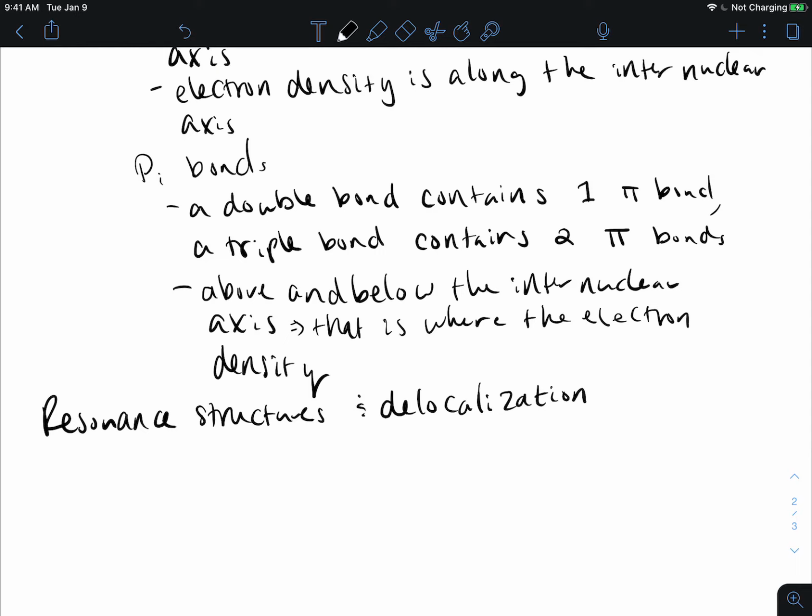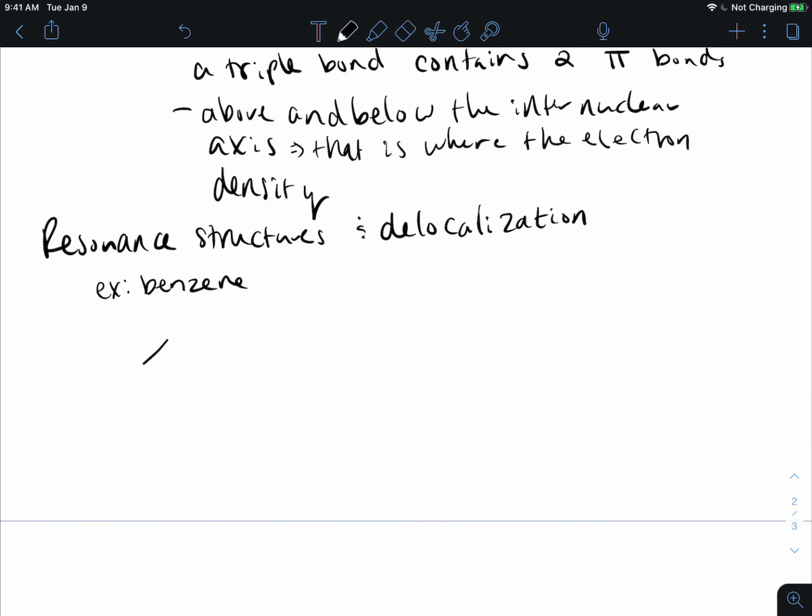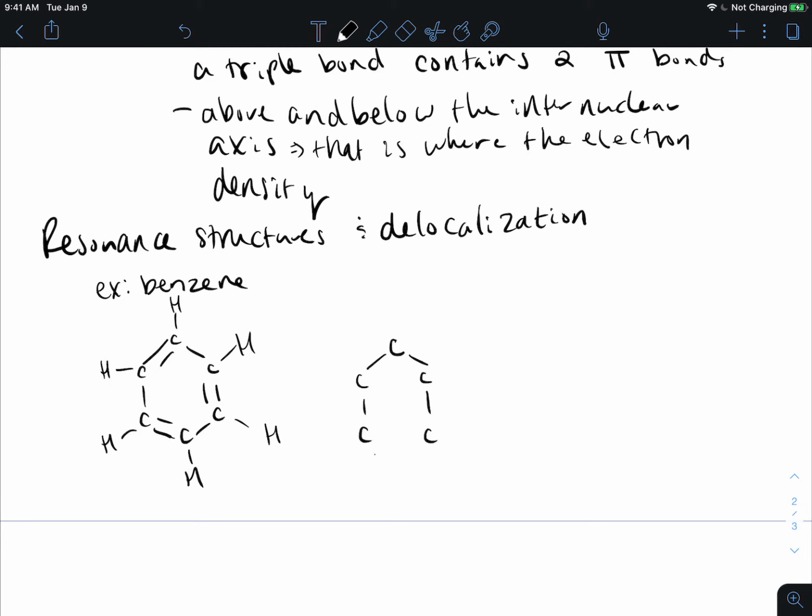So if we think about something like benzene, when we write benzene, we draw it like this, where we have alternating single and double bonds, but we actually know if we draw out our resonance hybrid, that it'll look like this, where each of these bonds are 1.5 bonds instead of alternating single and double.